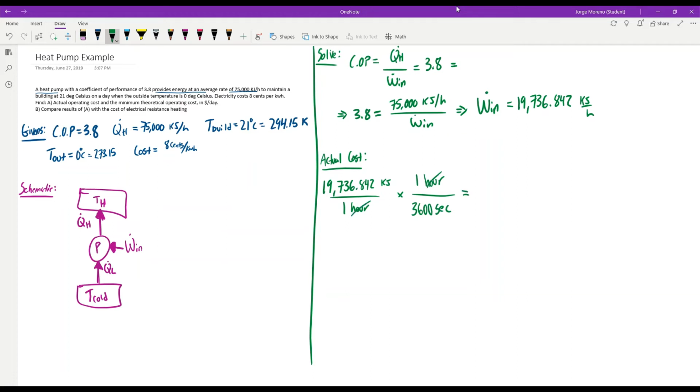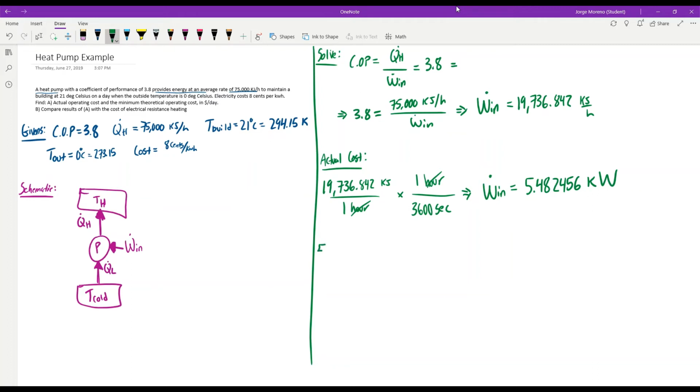So now I'm just going to convert the work input. If I do the math, 19,736.842 divided by 3,600, we get a work input, or power input I should say, of 5.482456, and it's going to be in kilowatts now. That's kilowatts because joules divided by seconds is just watts, but you still have the kilo in front, so just kilowatts.